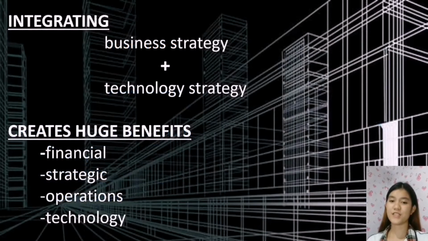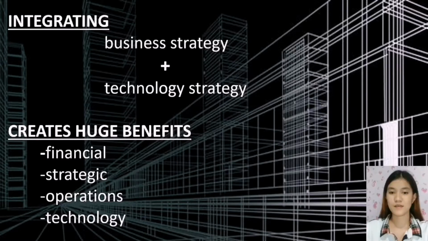Enterprise architecture is also about integrating business strategy and technology strategy. A business strategy is defined as an outline of the actions and decisions a company plans to take to reach its goals and objectives.